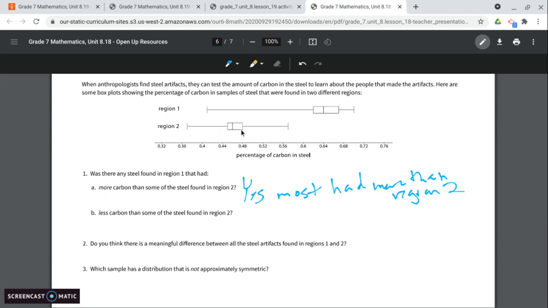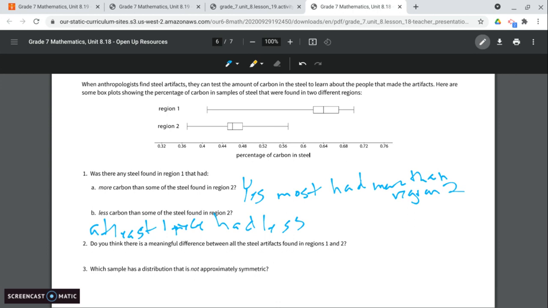This is kind of the majority of our data right here, but we did have this low point way down here. So there's at least one piece that had less.